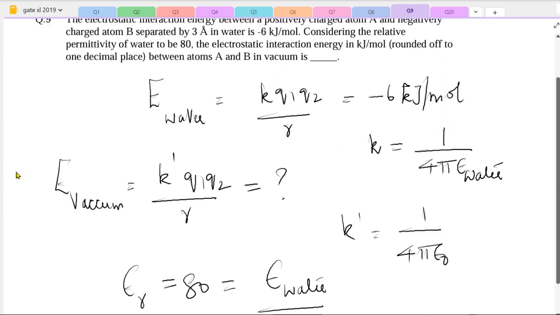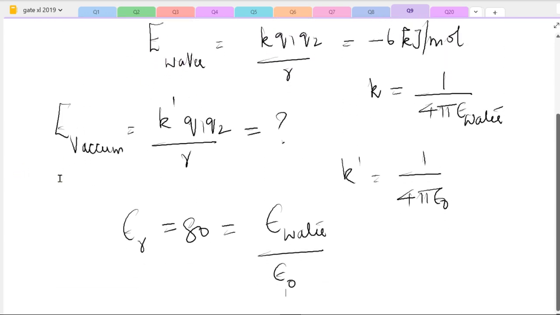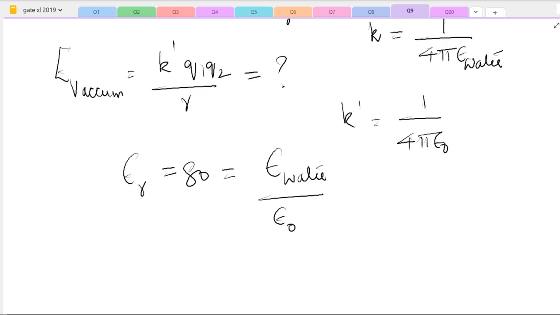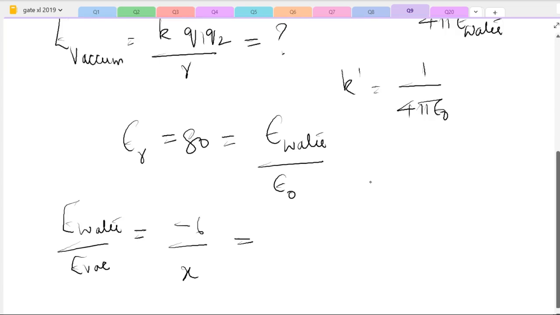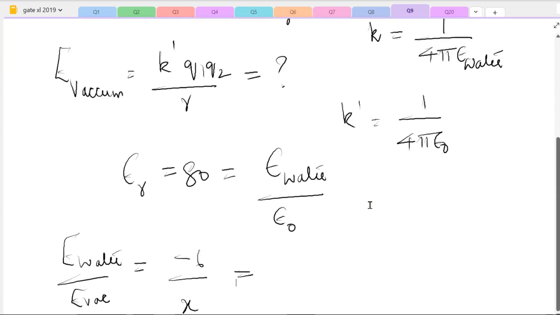Now if you divide E water by E vacuum, that is going to be minus 6. Let's call E vacuum as X just to keep it simple. This is equal to epsilon naught by epsilon water, because it's in the denominator, it goes up.